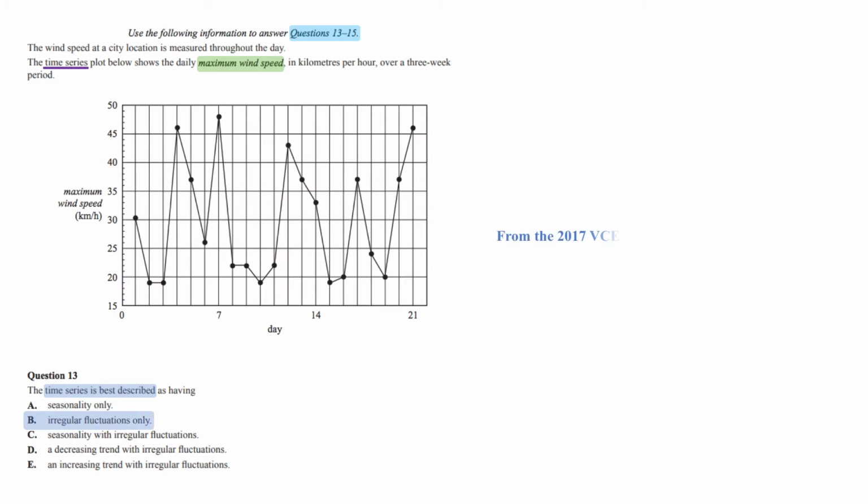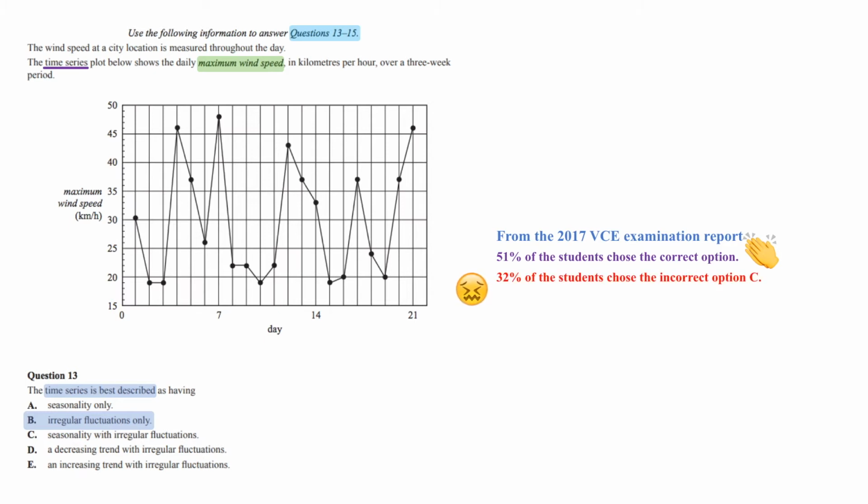From the 2017 VCAA examination report, 51% of the students chose the correct option, while 32% of the students chose the incorrect option C. Why did this happen? Well, many students incorrectly identified the time series graph as showing seasonality.